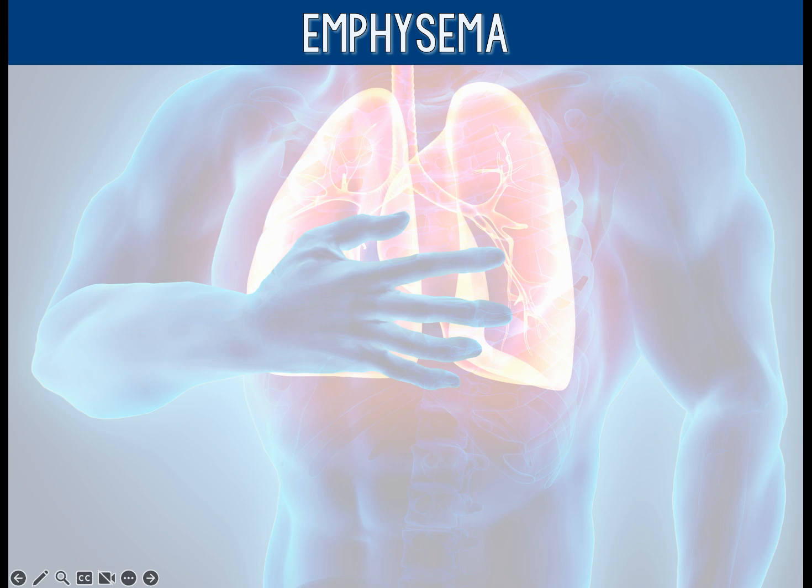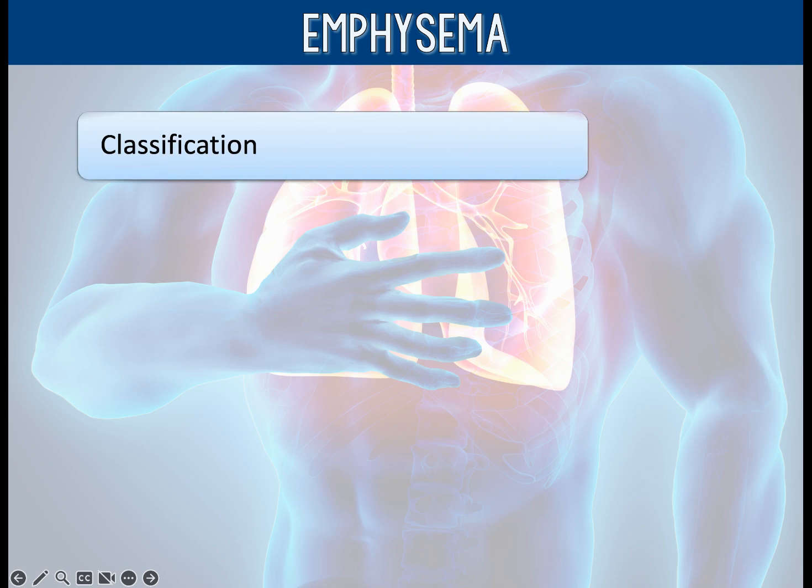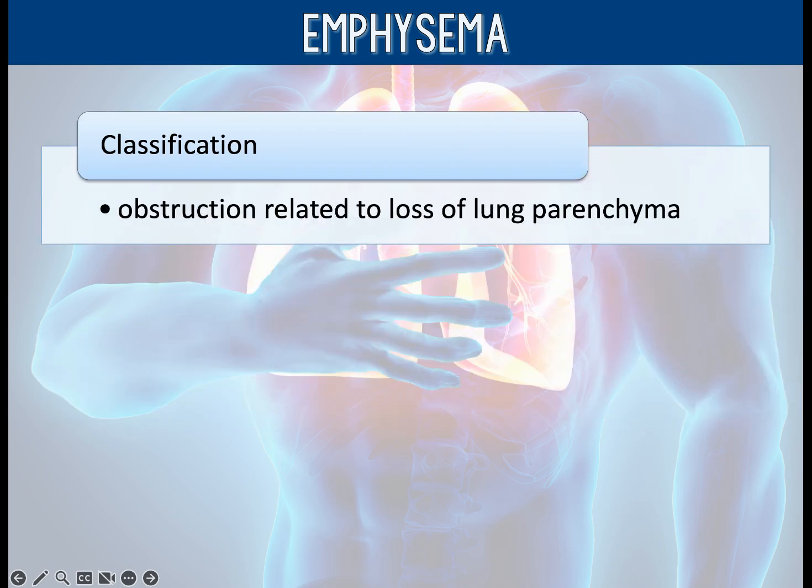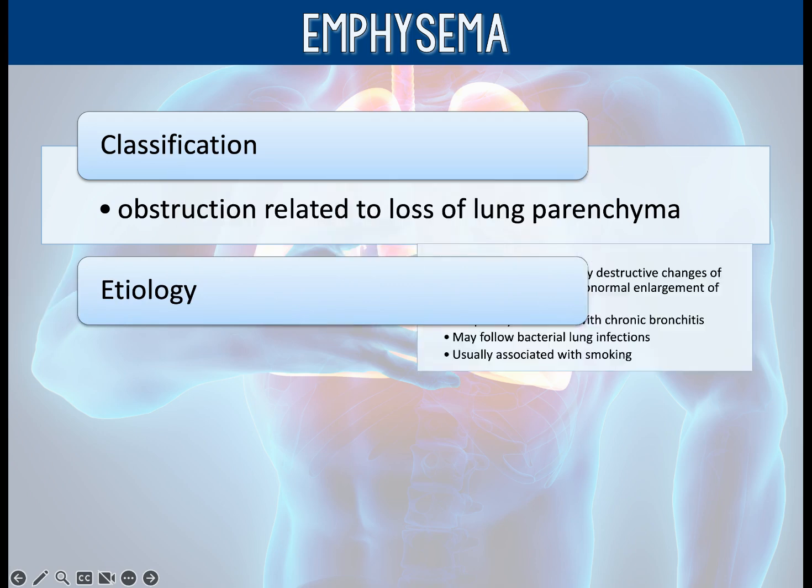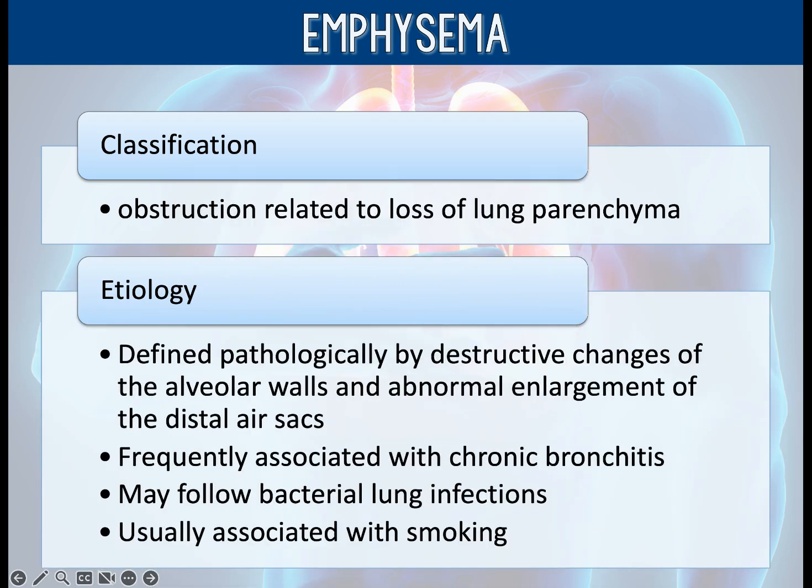which leads us to emphysema. So emphysema is an obstruction. It's an obstructive disease that is related to the loss of lung tissue. How does this happen? Well, there's destructive changes in the alveolar walls, and there's abnormal enlargement of those air sacs that we talked about.